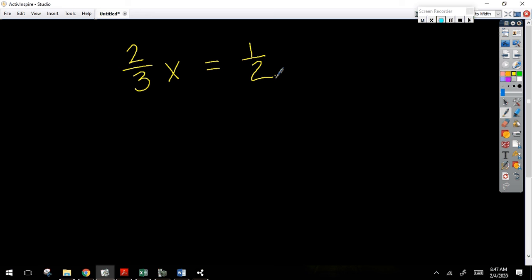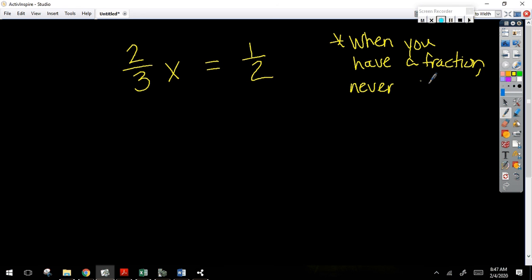Listen, this is something I stress from this level all the way up to my pre-cal class, because everybody always forgets. When you need to get rid of a fraction, never divide by a fraction. A reciprocal is a flip.